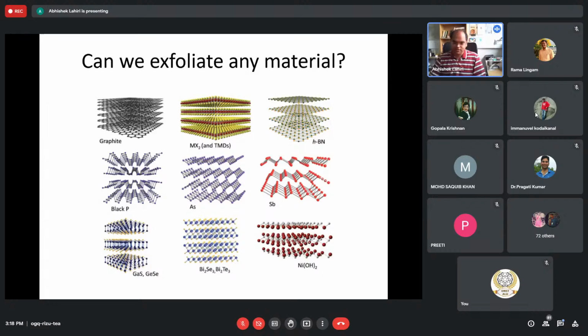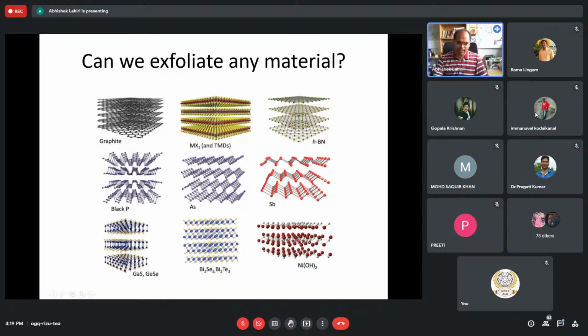So can we exfoliate any material? Yes, you can exfoliate any material, because in nature we are exfoliating basically any material. Some of the materials of interest when we go into the nano regime or nanomaterial synthesis are the stacked layers of carbon atoms. When you exfoliate graphite, you get graphene.